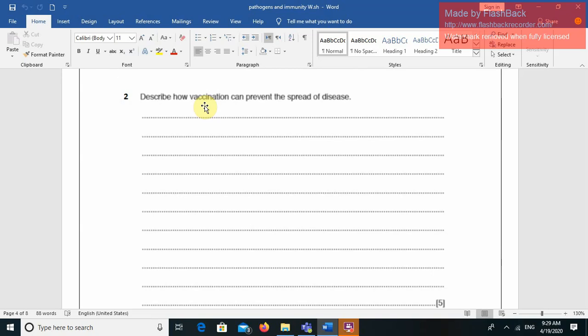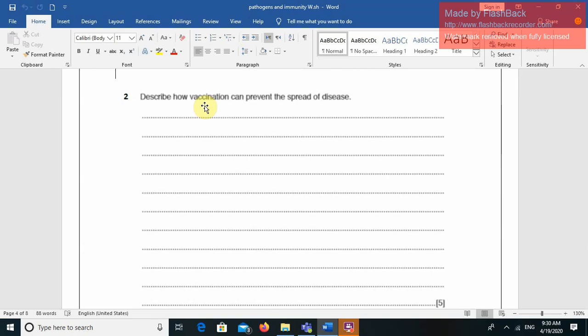Number two, when these antigens get inside the body, they provoke the immune system to produce antibodies that are fit or complementary to these pathogens. So this is number two.